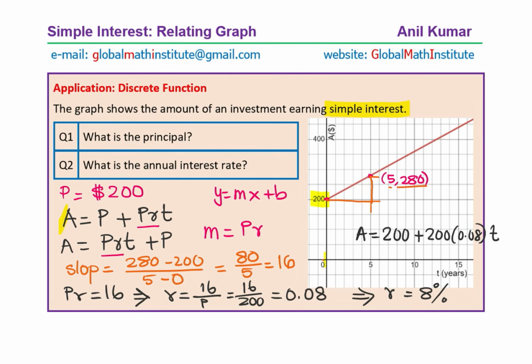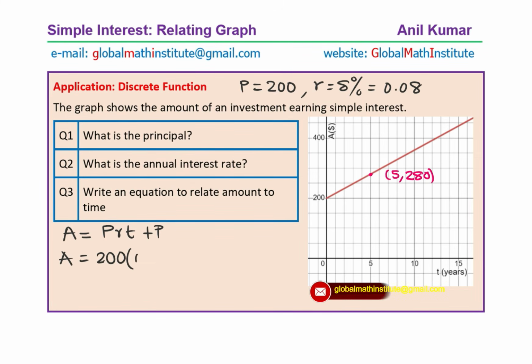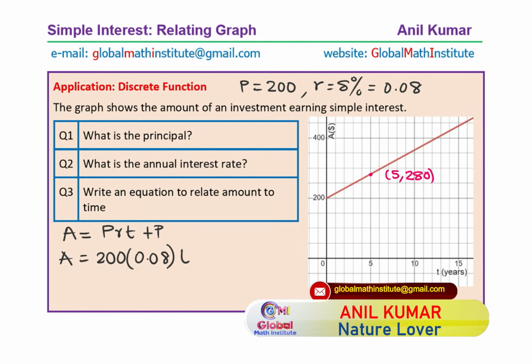Perfect? Let's move on. So part 3 is, write the equation to relate the amount to time. Since we now know that principal P is equal to 200 and the rate of interest R is 8%, which really means 0.08 as a decimal equivalent, we can write down the amount as A equals PRT plus P. So A equals 200 times 0.08 times T plus 200.